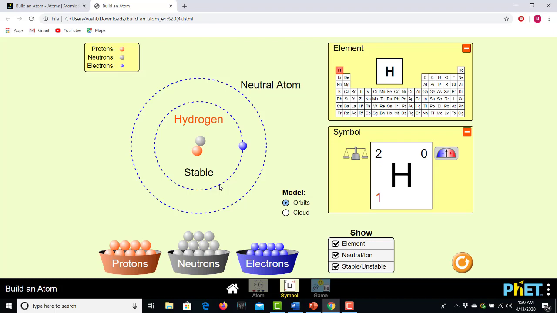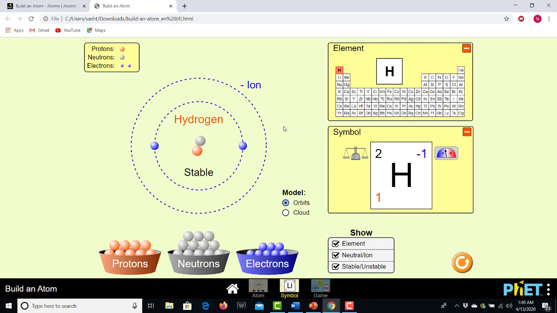So now let's add a second electron. And notice that that second electron also went into the first energy level. This is a deuterium anion. We've got 2 electrons and 1 proton, therefore we have a -1 charge. And so again, this is an ion, and a negative ion is called an anion.